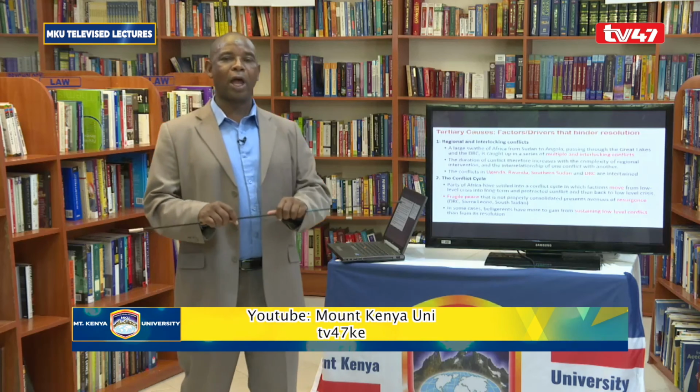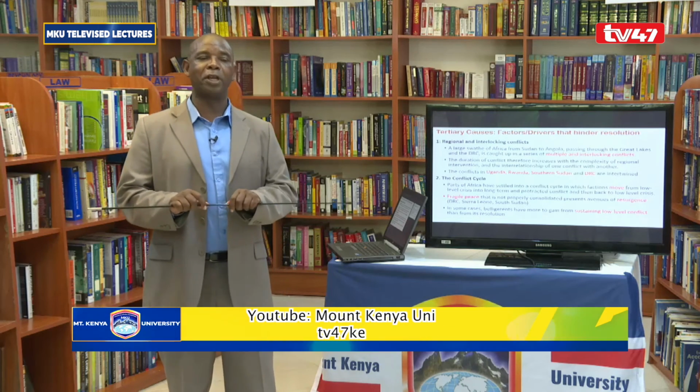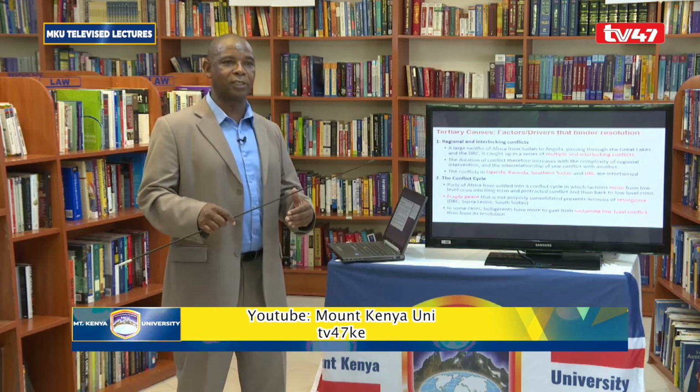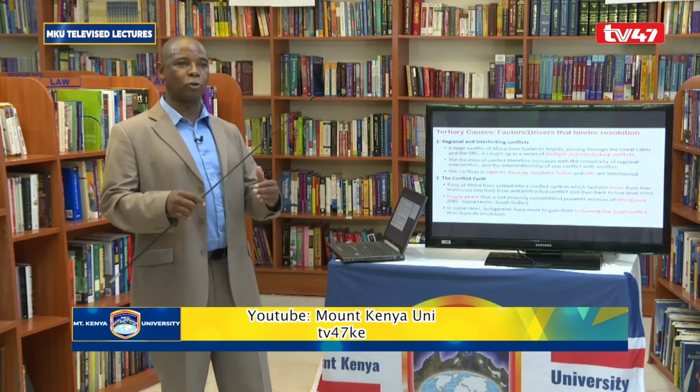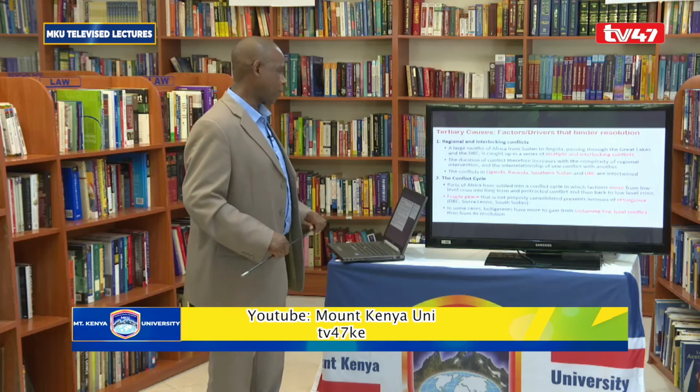This is where a conflict is not resolved, and sometimes a conflict is not resolved because it is beneficial to the combatants. So even when you have a fragile peace, it is there for the benefit of the groups of people who are in conflict, and the benefits of the conflict outweigh the reasons for resolving that conflict.